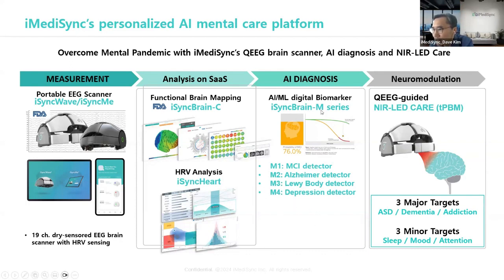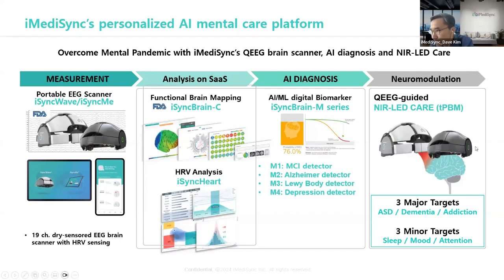And combining this QEEG result with the photobiomodulation to make a precision personalized neuromodulation. And we can give the photobiomodulation using the same device. That's our iSyncBrain personalized AI mental care platform, from measurement and analysis to neuromodulation.